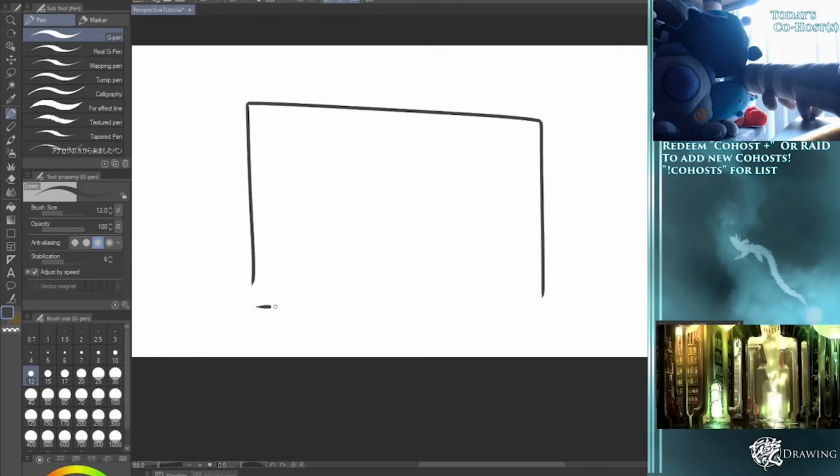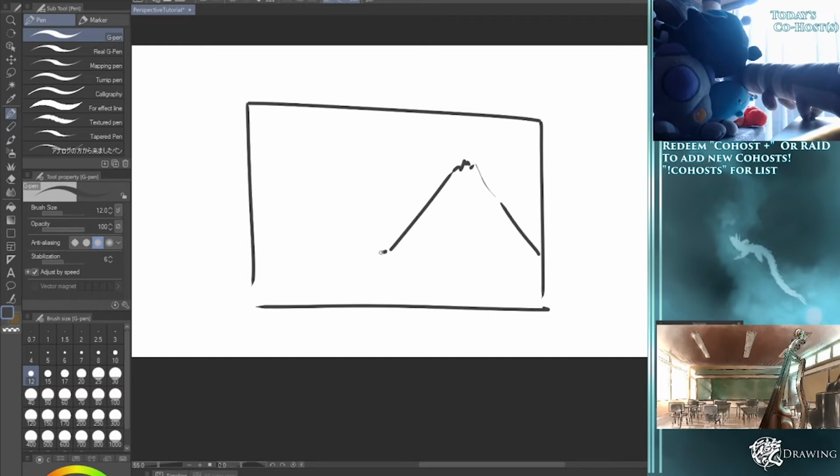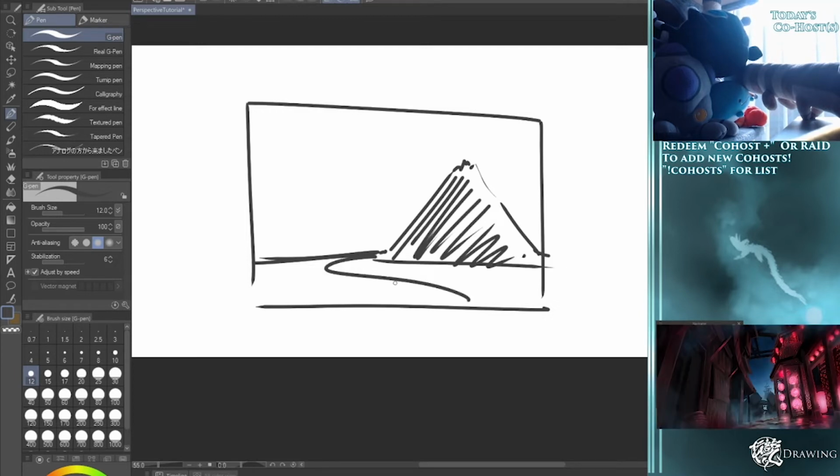If you look at a drawing, your eyes are going to move somewhere first. There's going to be something that you gravitate towards. If there's a mountain here, and there's nothing else, for example, then your eye is going to look at this mountain, because there's nothing else to look at, right?